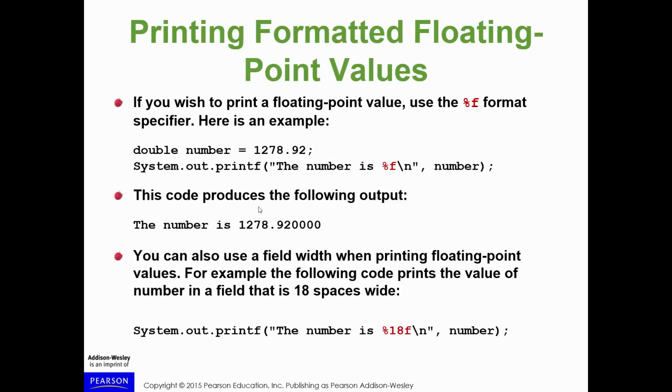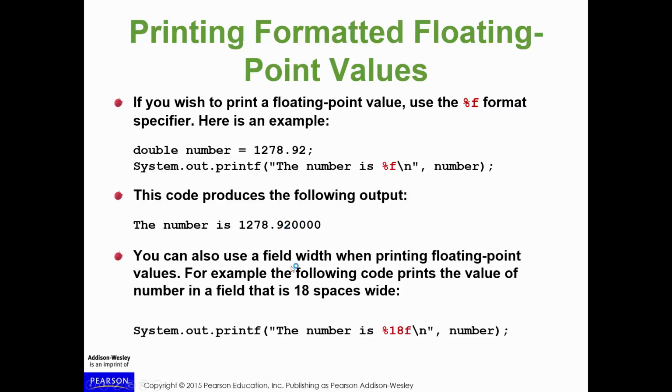If you're working with floating point or doubles, you use %f in both cases. Again, placeholder, value. So this will say the number is 1278.92. Now you got those extra zeros there because typically when you print something out with printf to %f, it'll give you 6 decimal places.